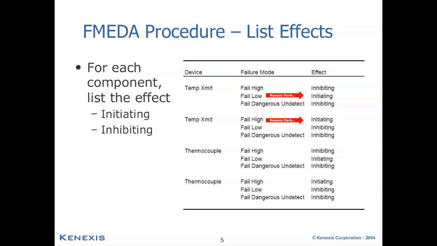That terminology is a little bit more obscure than what would more commonly be used, a safe failure or a dangerous failure. An initiating failure, as we discussed previously in the training class, is a nuisance failure or a safe failure, and something that inhibits is a dangerous failure or a covert failure.